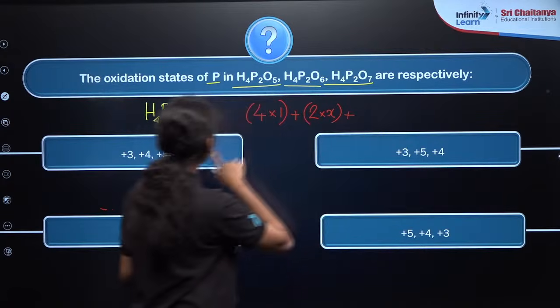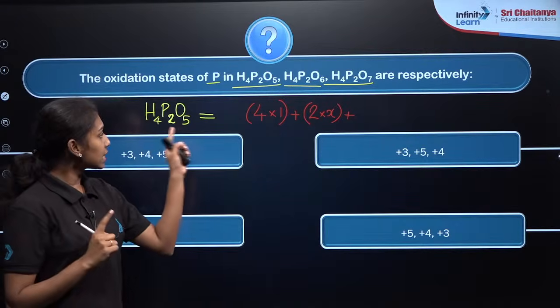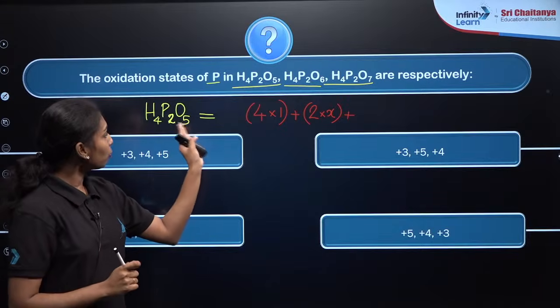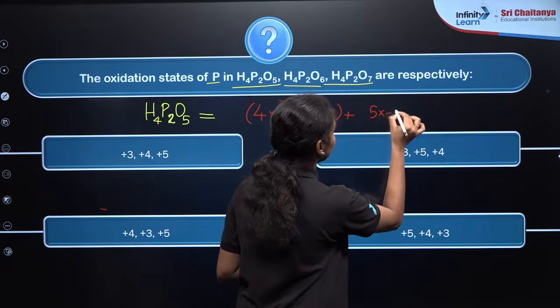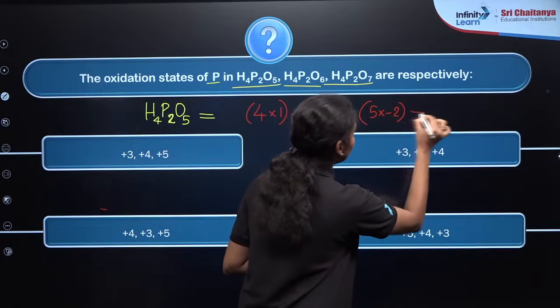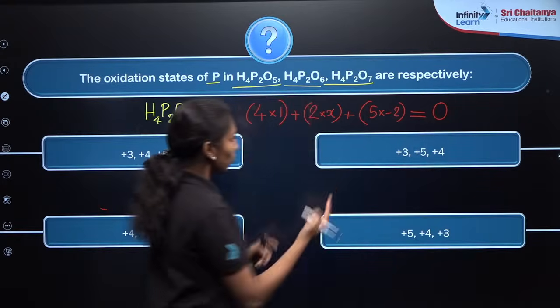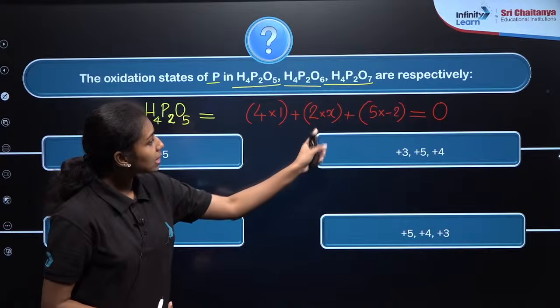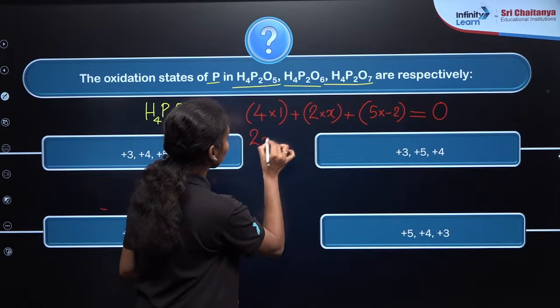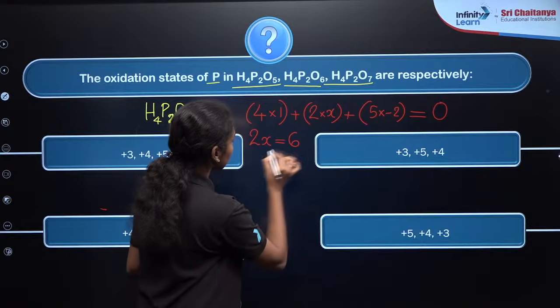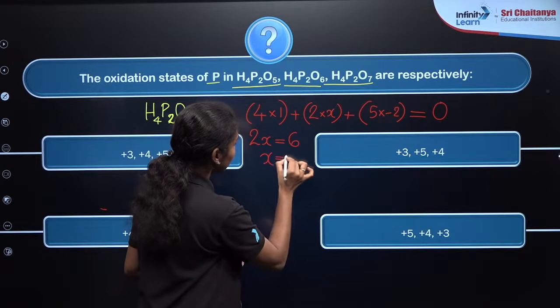For oxygen, the oxidation state is minus 2, so 5 oxygen atoms give 5 into minus 2. In total that is equal to 0. So you get 4 plus 2x minus 10 equals 0, so 2x is equal to 6, and x is equal to 6 by 2, that is plus 3.